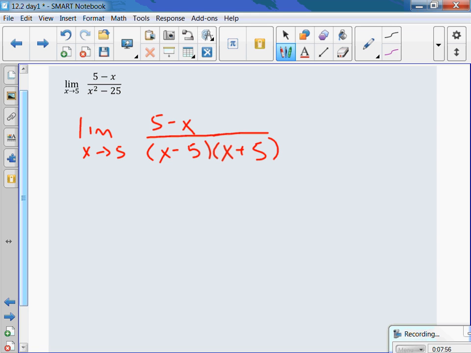Do I have any common factors? No. As it stands right now, I have no common factor. Can I do something to make it? What do I do? Take out a negative. Absolutely. Here we can see, if these signs were reversed, I would have a common factor. So I'll instead take out that negative. When I take that negative out, I'll have a negative 5 and a positive x, or written as 5 minus x.